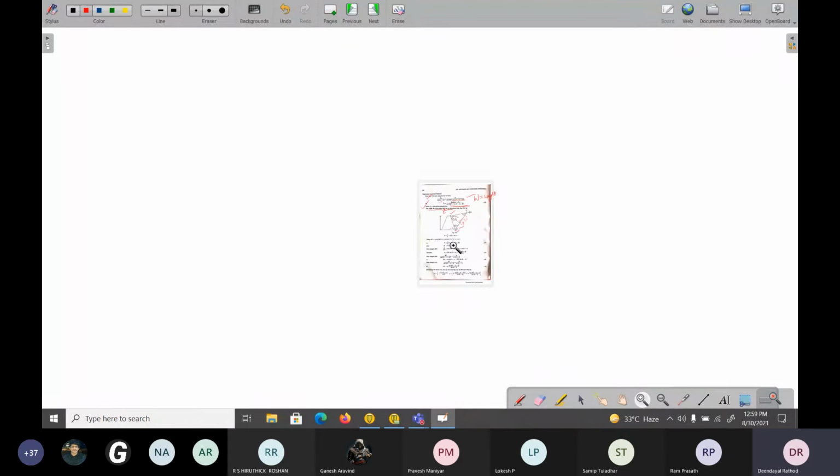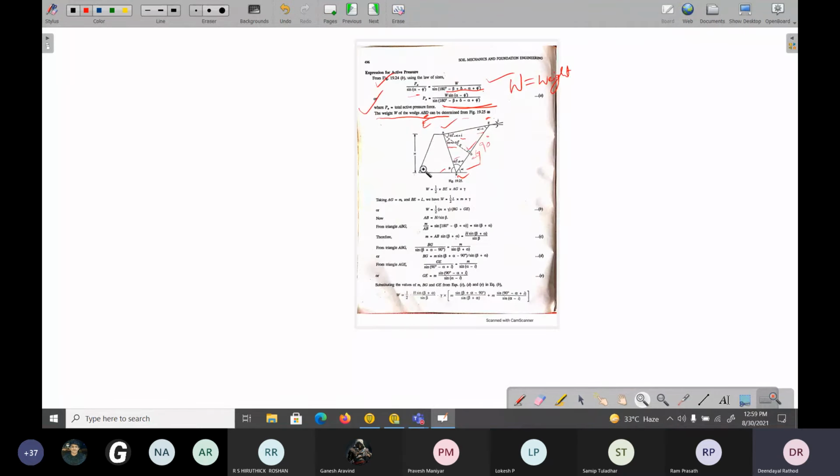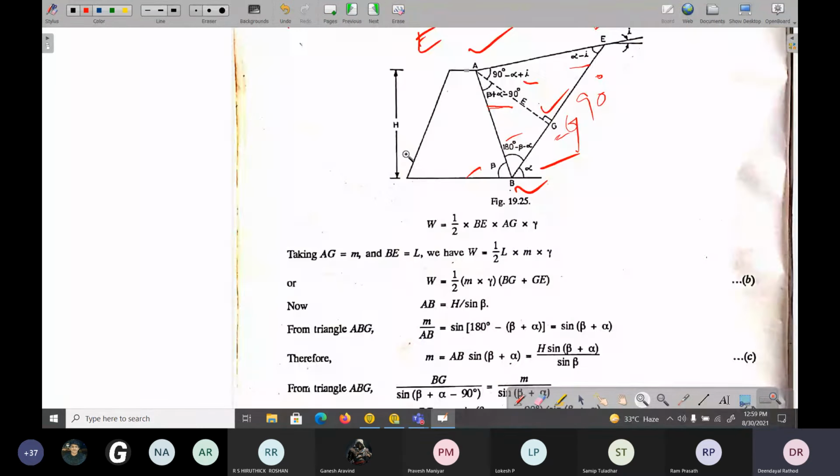After assuming the weights, W is nothing but half into base into height. Half BE, now he has written BE into height, nothing but the AG, multiplied by the unit weight of the soil, gamma.